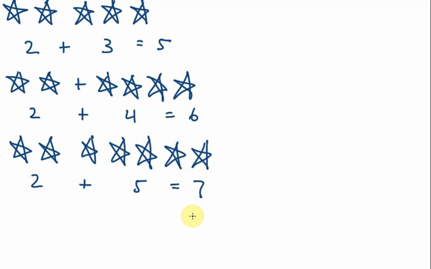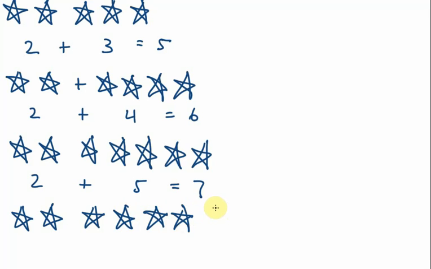Now let's add 2 stars to 6 stars. So we start with 2, and we bring in another 6 stars. So let's count them. 1, 2, 3, 4, 5, 6.